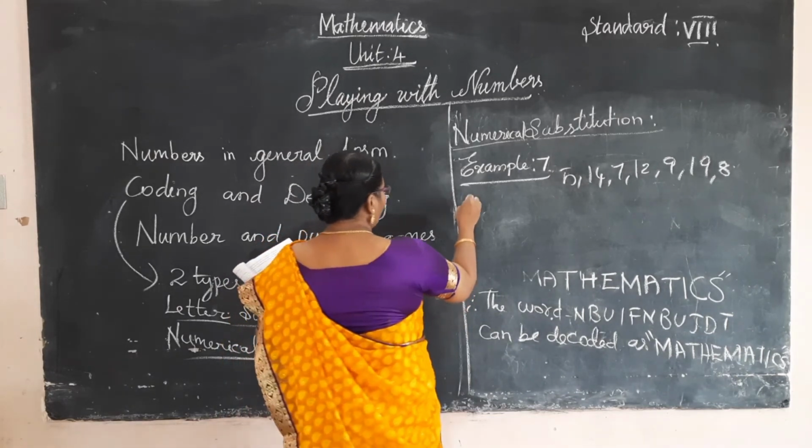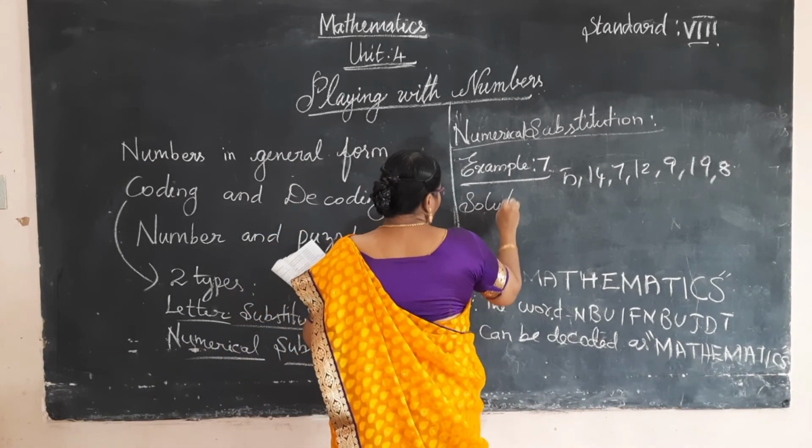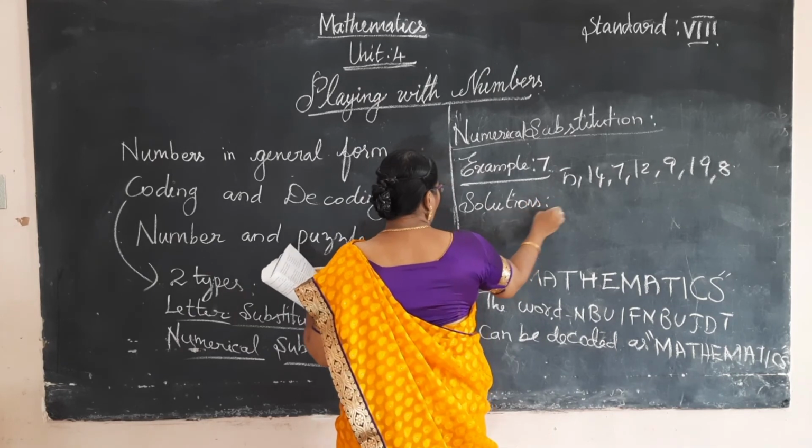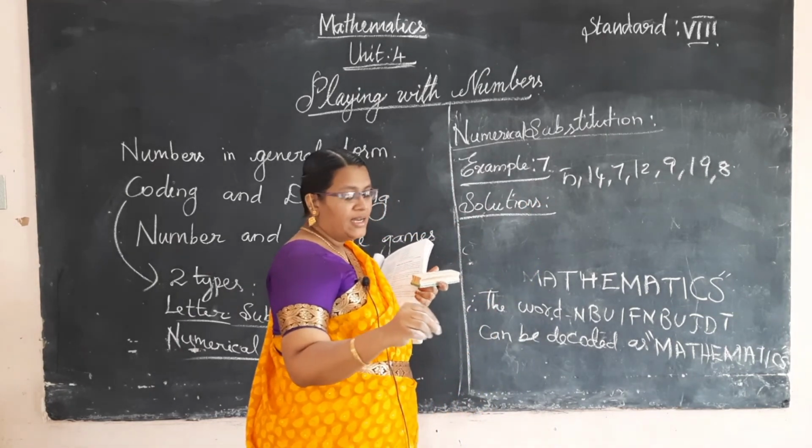First write the alphabets. How many letters in the alphabet? 26.